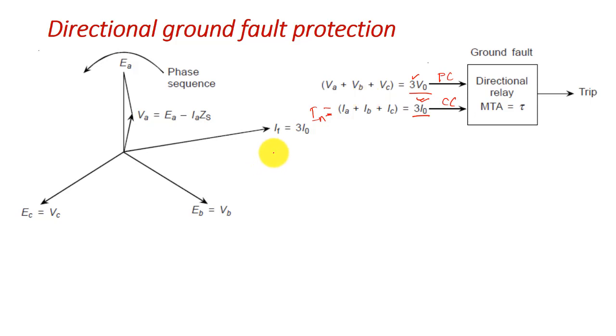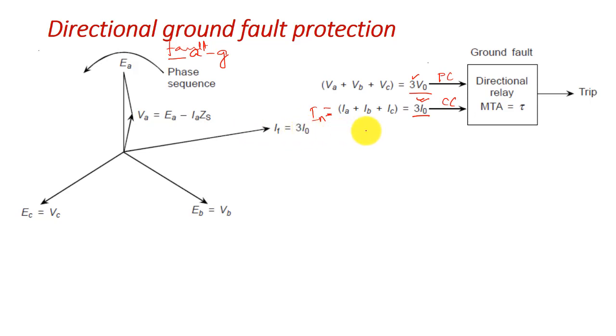Now if you see the phasor diagram, your fault current will be here somewhere. Let us consider the fault is A to ground. So now, considering phase A to ground fault, your fault current will be here somewhere, right?